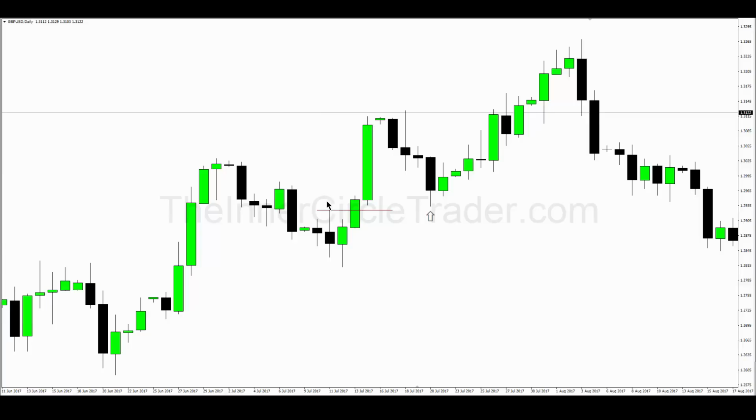Okay, so we have a short-term high here, lower high to the left, lower high to the right, highest high in the middle. It breaks that.